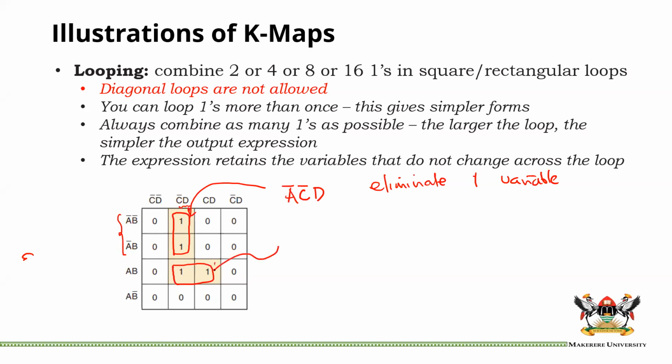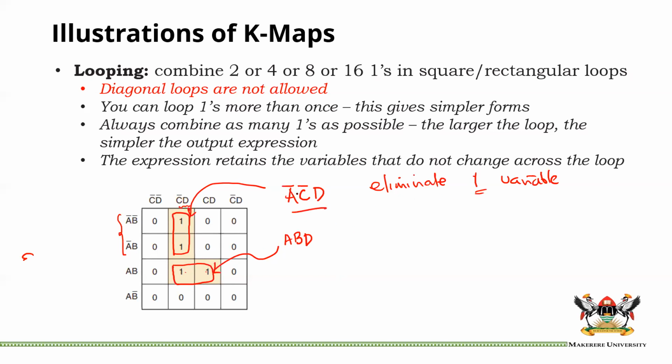This loop we see corresponds completely to AB. So already AB will be there. But across this direction in the vertical plane, we can see that here we have C inverse D, whereas here we have CD. In other words, C has changed from C inverse to C, whereas D is constant, meaning we have A, B, D. And we can see that because they are both two state loops, they only eliminate one variable.